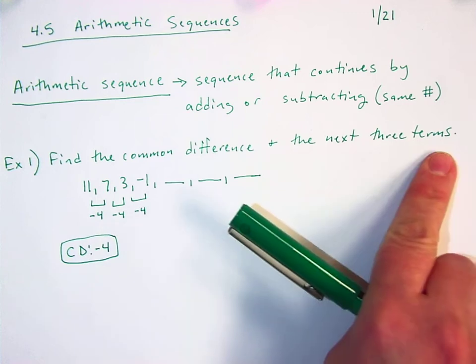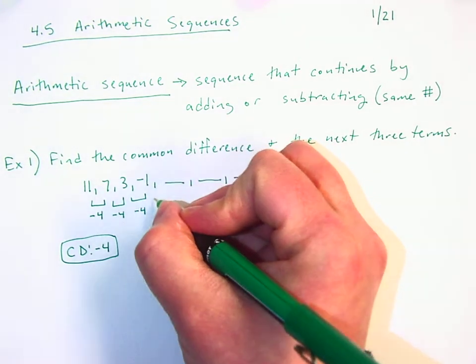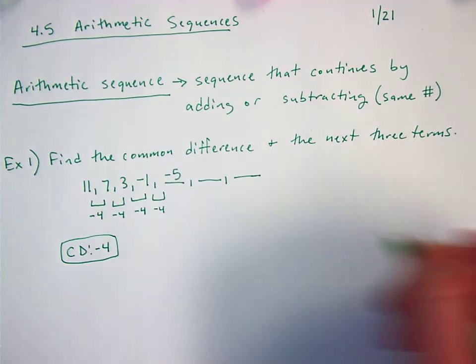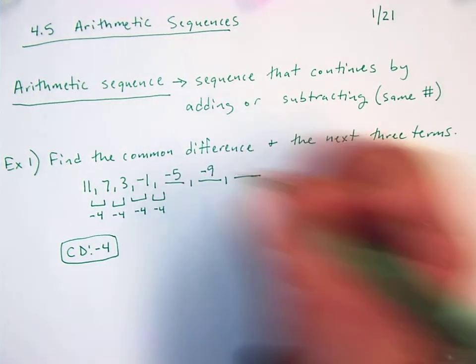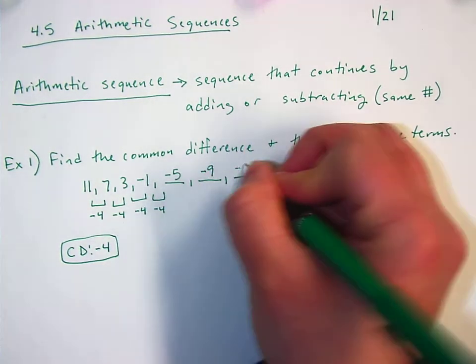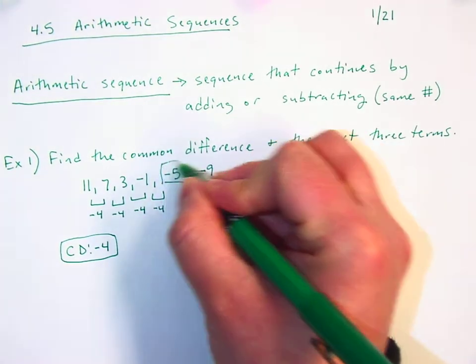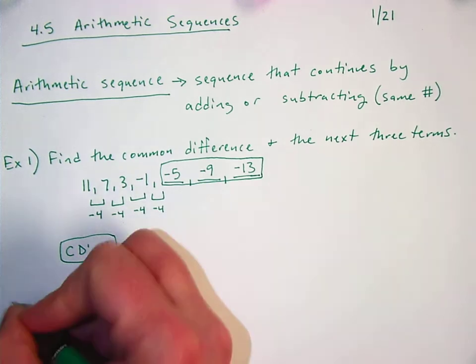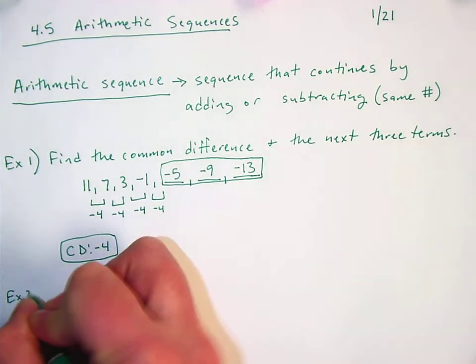And then I also have to find the next 3 terms. So I'm going to subtract 4 again, and I get -5. And then I'm going to subtract 4 again, and I get -9. And subtract 4 again, and I get -13. So my answer to this problem, the next 3 are these, and my common difference is -4.